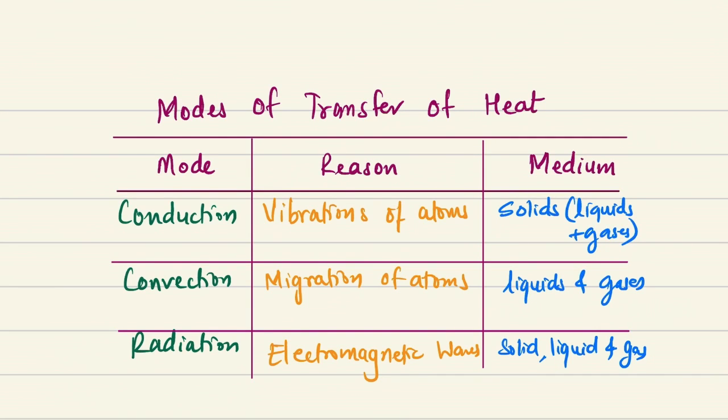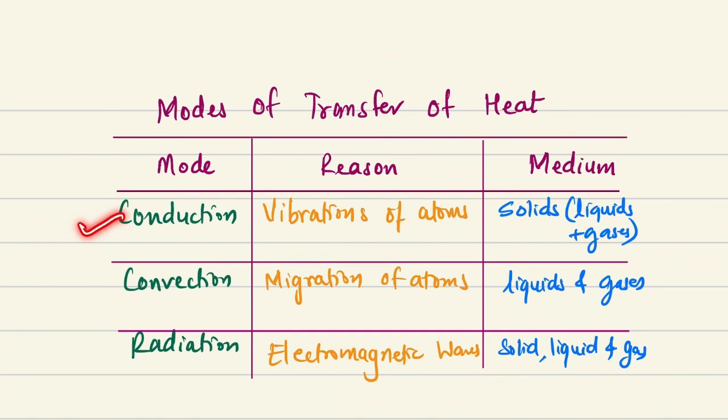In solids, the atoms and molecules have a fixed place, and they just vibrate at their own mean position. So convection happens only in liquids and gases and never in solids. On the contrary, radiation does not need any medium. If there is a solid, a liquid or a gas, or if there is no medium, it's a vacuum, still radiation can take place.